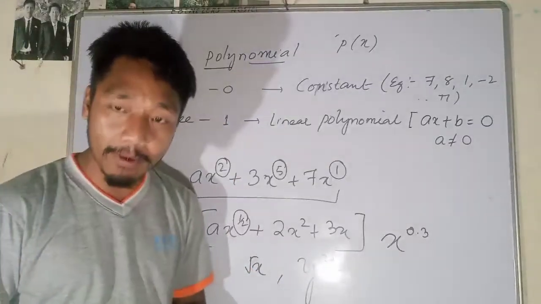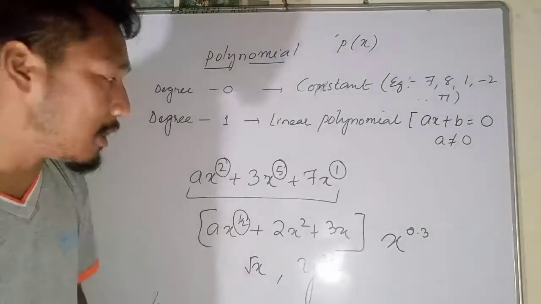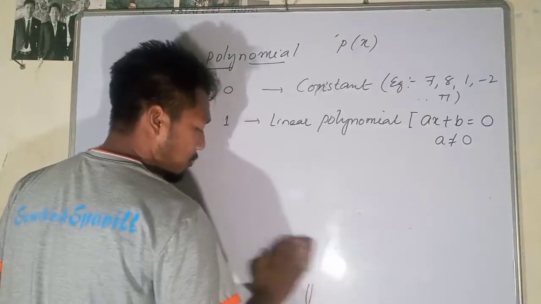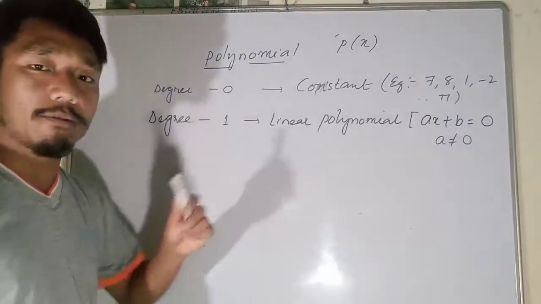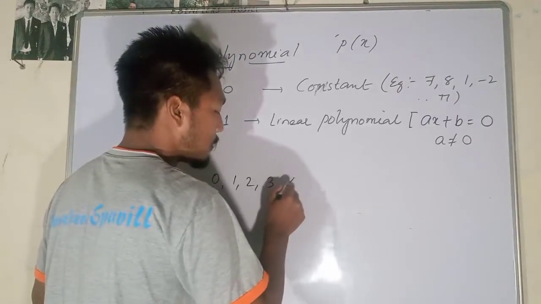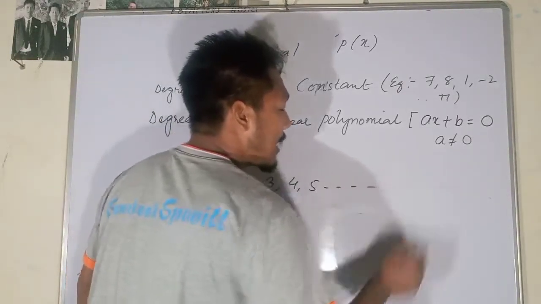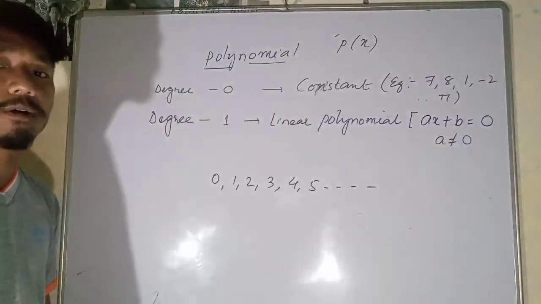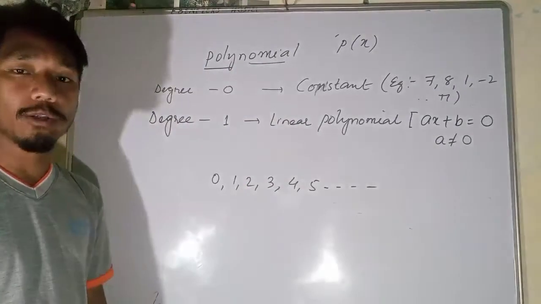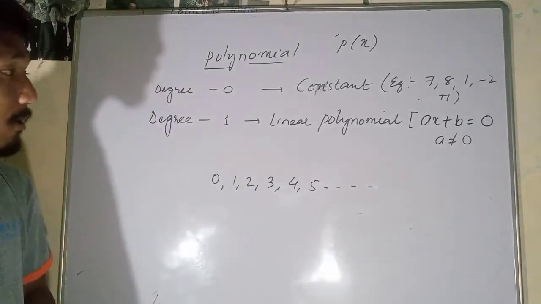You know what whole numbers are? Whole numbers are those integers starting from 0: 0, 1, 2, 3, 4, 5, and so on. Such numbers are considered whole numbers. So this is all about the polynomial.